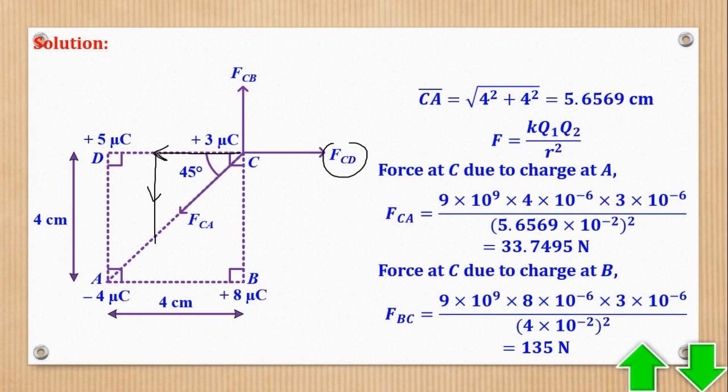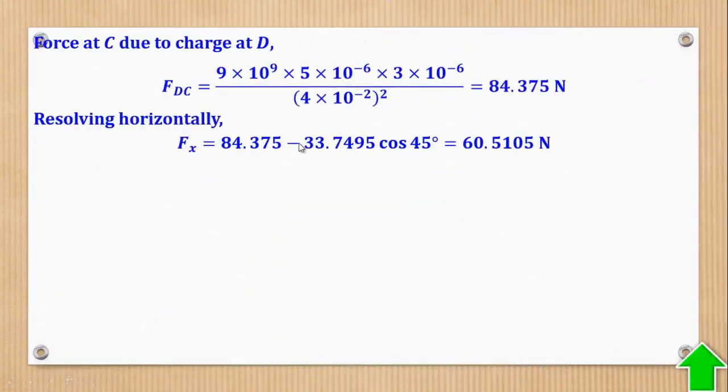So to the left, it is this force which is here, and this angle is 45. So the horizontal component will be this cos 45. That is why in the resolving you saw this minus this cos 45, which is this 84, which is here, 3.375 minus this force cos 45 to give you that.